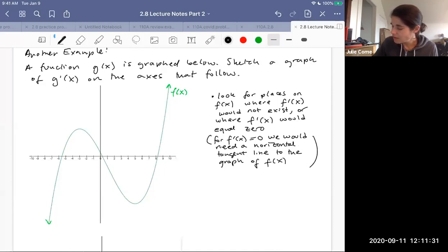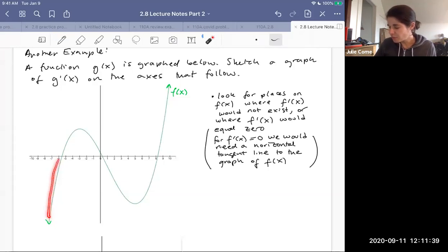So I start, in this case, by looking for those things. I'm going to notice that this graph doesn't appear to have any issues. There are no cusps, there are no corners, there are no sudden breaks in the function, there are no discontinuities, there are no vertical asymptotes, there are no vertical tangent lines.